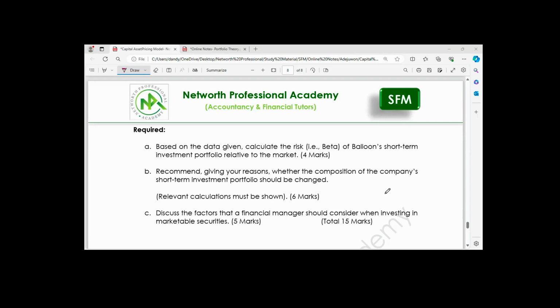B, recommend, giving your reasons, whether the composition of the company's short-term investment portfolio should be changed. Relevant calculations must be shown. C, discuss the factors that the financial manager should consider when investing in marketable securities. Thank you very much, Prosper.